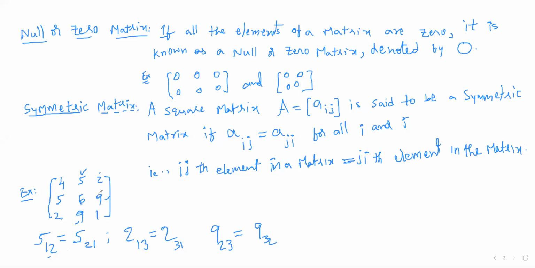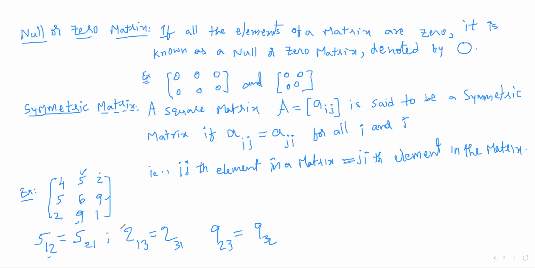So similarly 2 and 9 also. In that manner, if you observe clearly, this can happen only for the non-diagonal elements. This should happen for all non-diagonal elements in the matrix. Then only it is called a symmetric matrix. Otherwise, it is not symmetric.